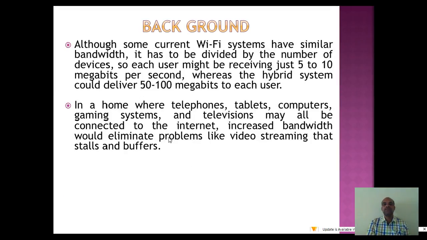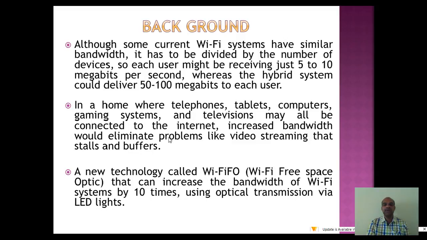Even though some Wi-Fi systems have similar bandwidth, as we said, the bandwidth is divided among the people. For example, if 5 devices are connected, whatever bandwidth we have is divided by 5, and that amount is allocated to each device.